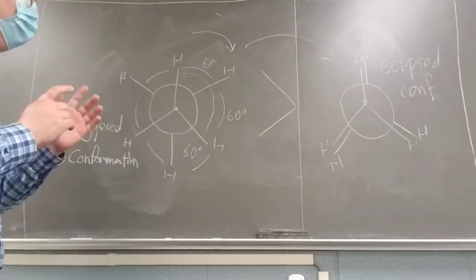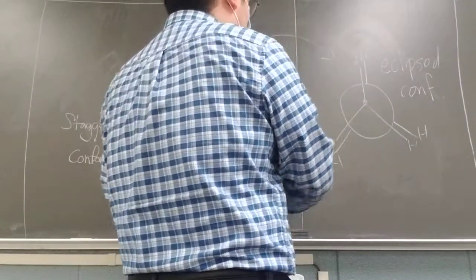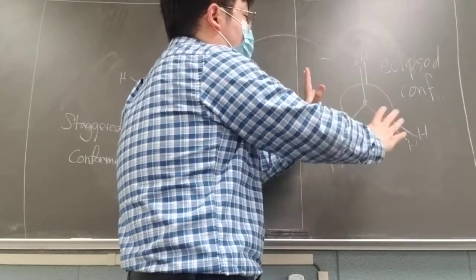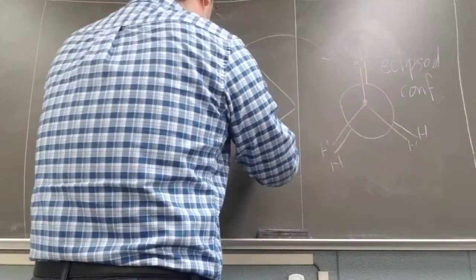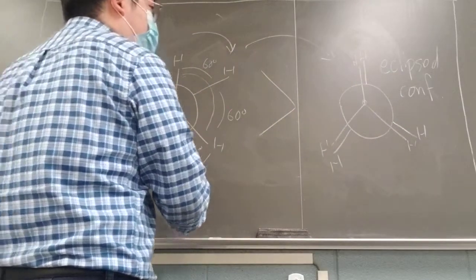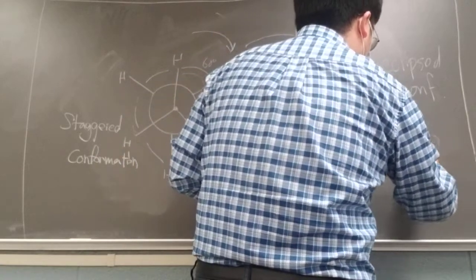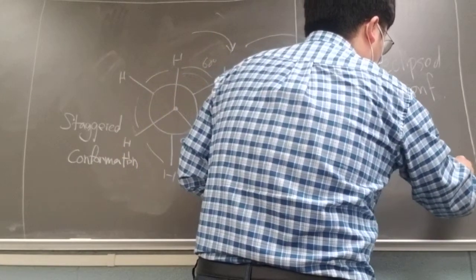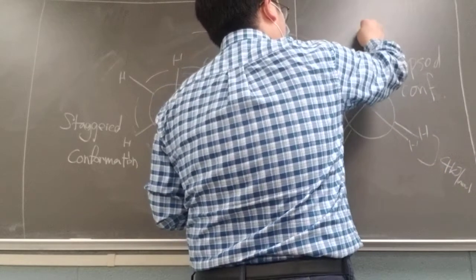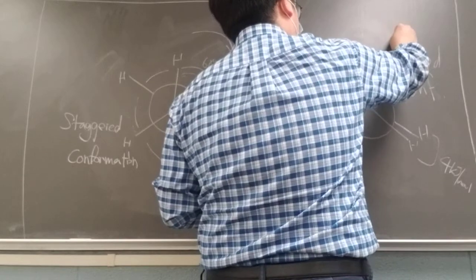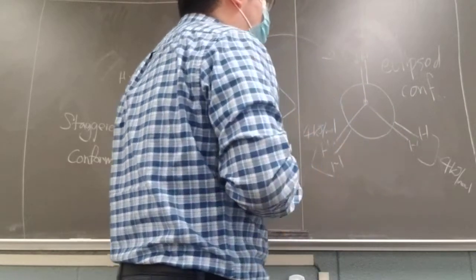Okay, perfect. So if that is the case, what they really mean is this is the one that experiences more discomfort than the staggered conformation. Normally the discomfort is about 4 kilojoules per mole. You don't have to memorize the number, but there might be certain cases where I'll give you a number.